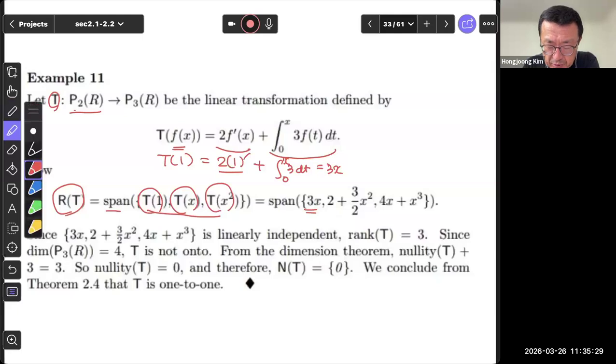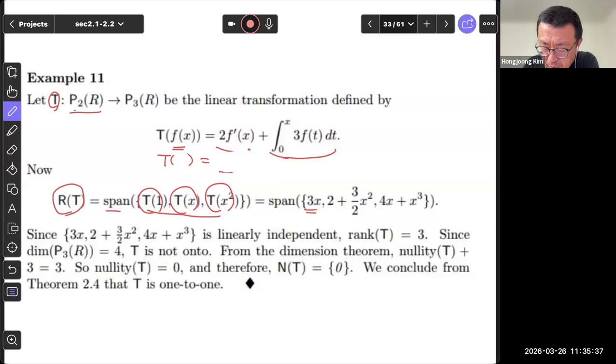In case of x, if you differentiate x, you get 1, and then if you integrate 3t from 0 to x, you get 2 times 1 plus 3 half t squared evaluated at 0 and x, and then you consider the difference, you get 2 plus 3 half x squared.